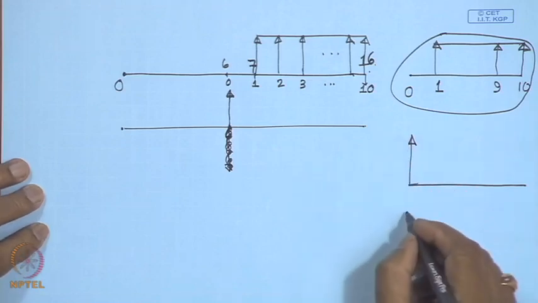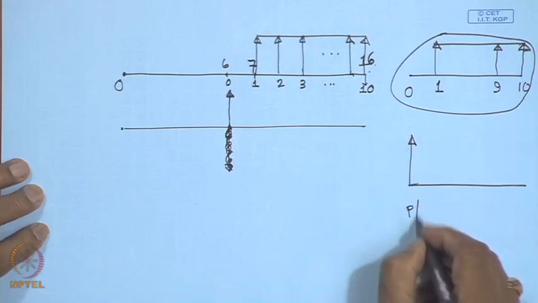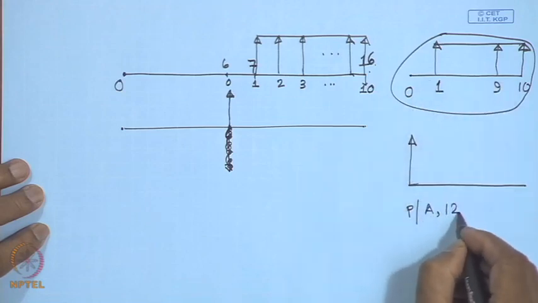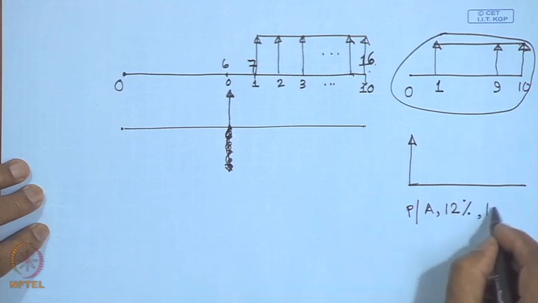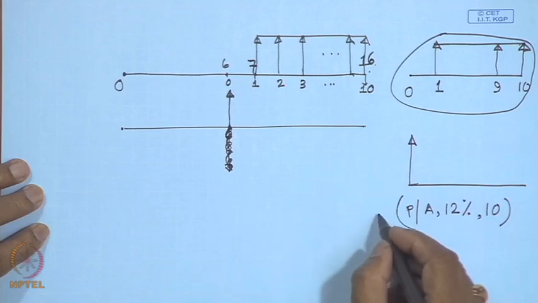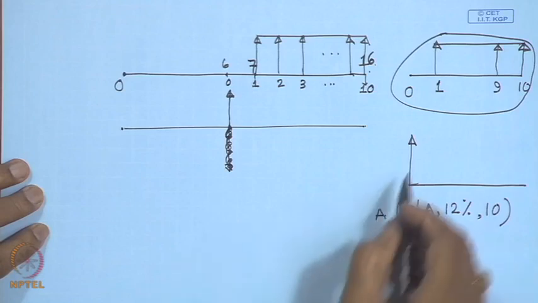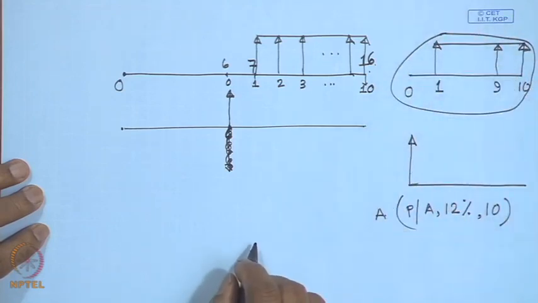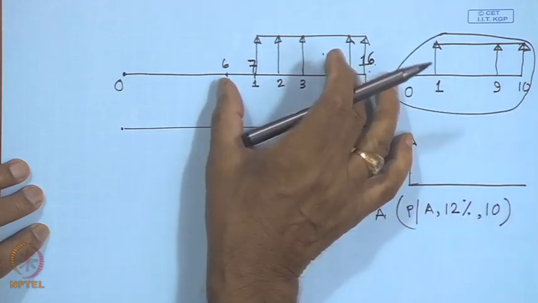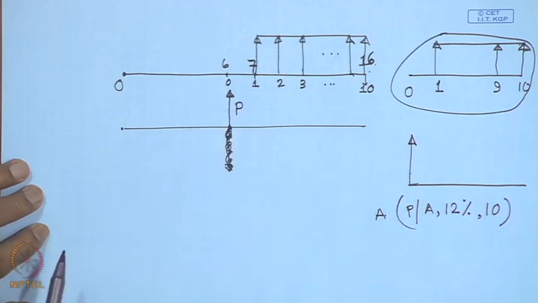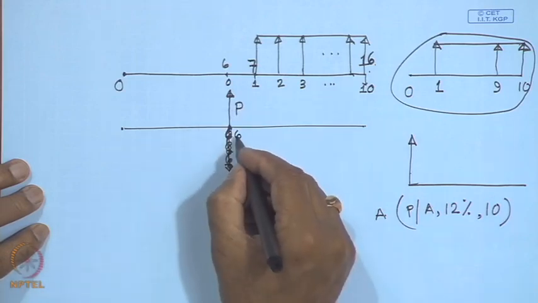So, this is like calculating P given A, R is 12% and N is 10. Multiply that with A. That will give the present worth of this value here, and that is what we are now putting here as equal to P, and this is 6.